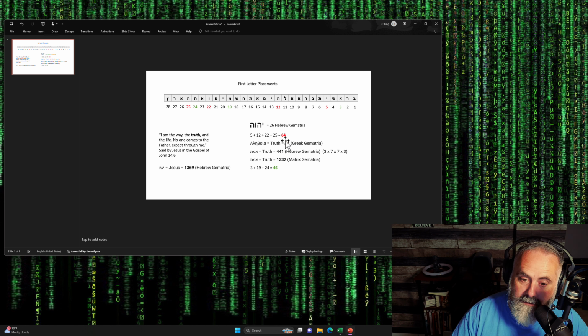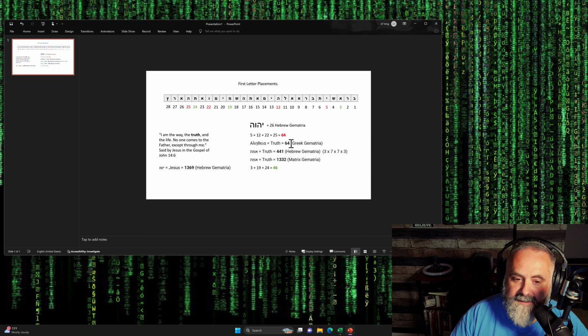Interesting that it's the mirror opposite of 64, which is the Greek value of truth, but also the first letter placement of Yahweh. This is crazy how this plays out.